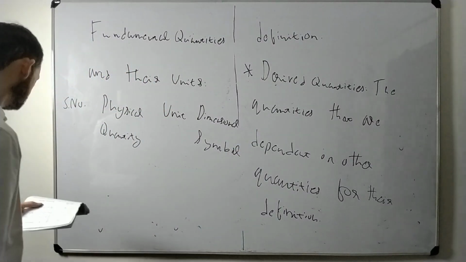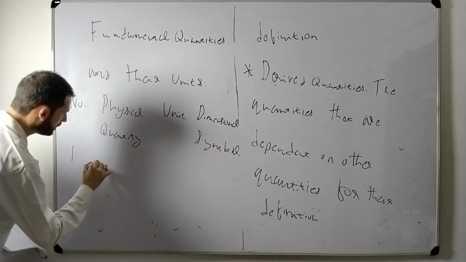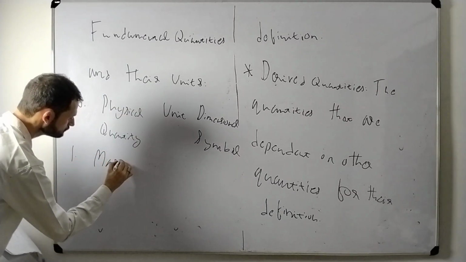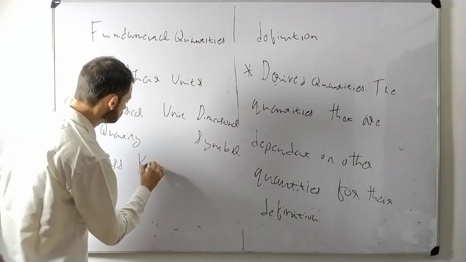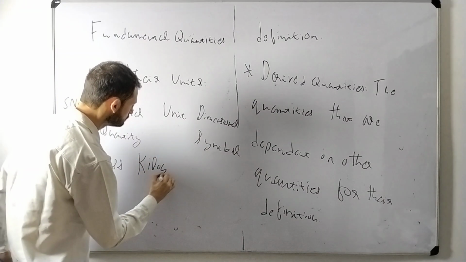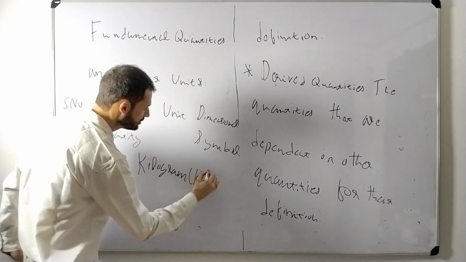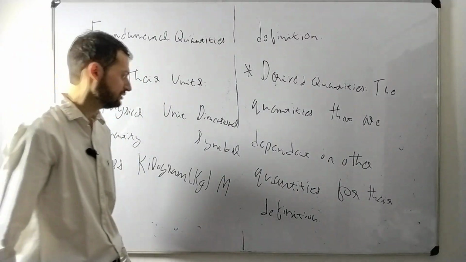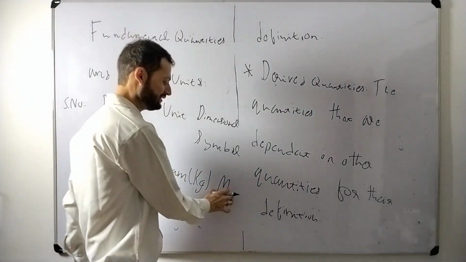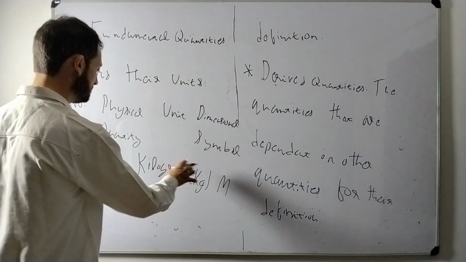Unit. First, mass. Unit, kilogram, kg, and the symbol is M. Okay. So M is not a dimension here, students. It is a symbol. Kg being the unit.